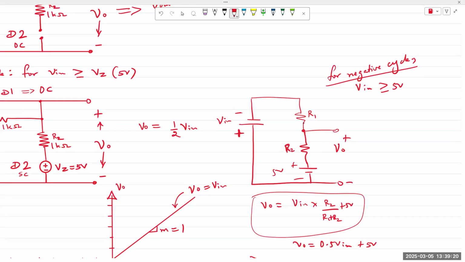And V out is taken across R2 and VZ. Okay, VZ is constant 5 volts. And my V out is taken across the series combination of R2 and the Zener diode voltage of plus 5 volts. So V out could be V in times R2 over R1 plus R2, plus a constant 5 volts DC. And this is where we stopped.